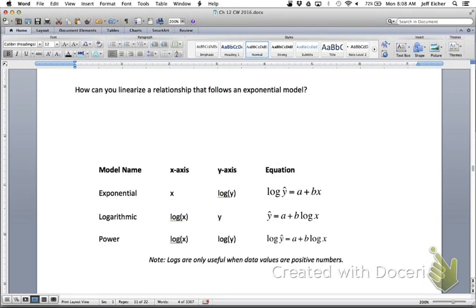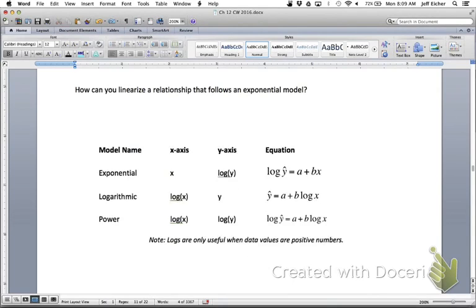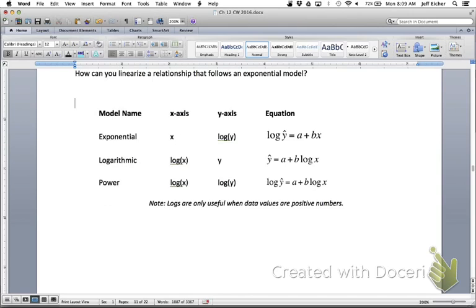So how do you linearize, how do you transform a relationship so it follows one of these models? I've included a helpful chart right below here. We have three possible models that you should be familiar with: an exponential model, a logarithmic model, and a power model.